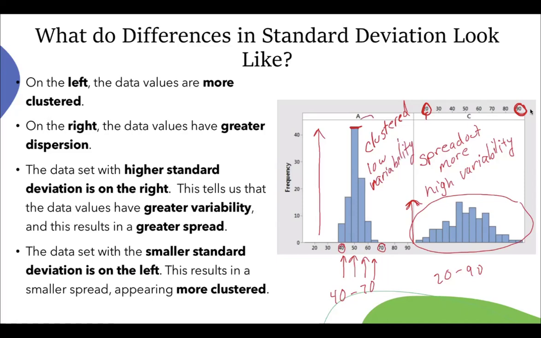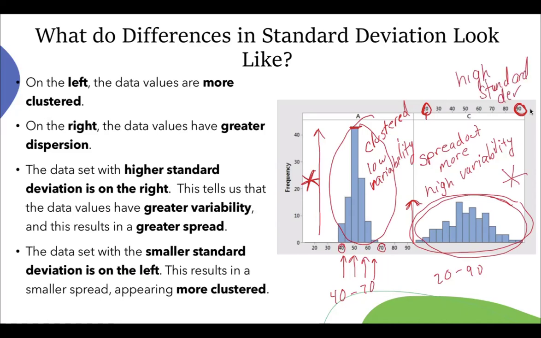These values are more clustered, whereas these values are more spread out. So higher dispersion, more spread out, means higher variability up here. More clustering means lower variability, which is what we have here. And since the standard deviation is a measure of variability, this one has the high standard deviation because it's more spread out, and this one has the lower standard deviation because it is clustered.